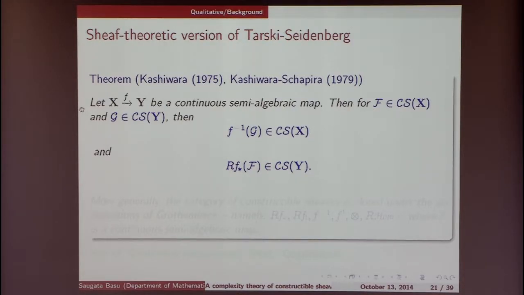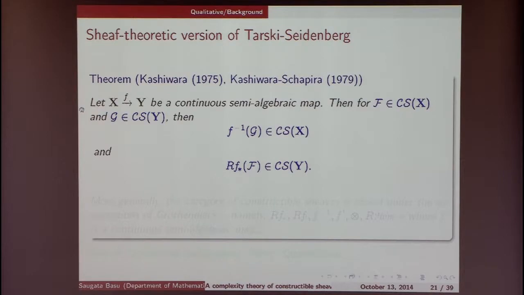You should think of this again as a kind of analog of Tarski-Seidenberg, which says that if you have a continuous semi-algebraic map and you have constructible sheaves F on X and G, a constructible sheaf on Y, then the pullback of G is a constructible sheaf on X. The derived image of F is a constructible sheaf on Y. So the class of constructible sheaves has this kind of stability property: it is closed not just under these functors, it's also closed under all kinds of sheaf-theoretic direct sums, tensor products, internal homs, and things like that.